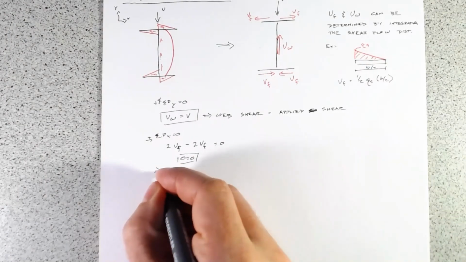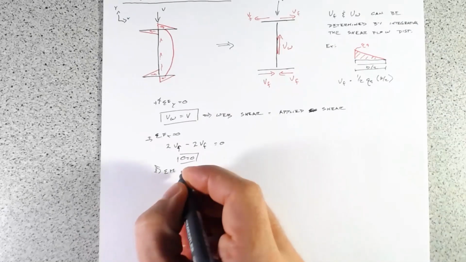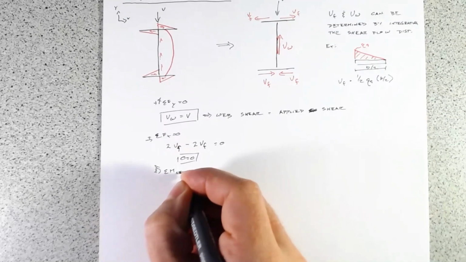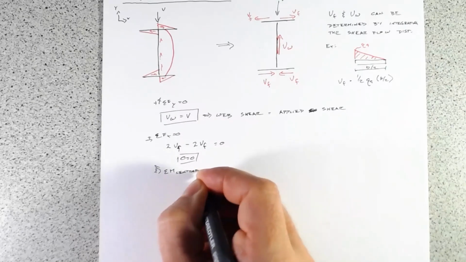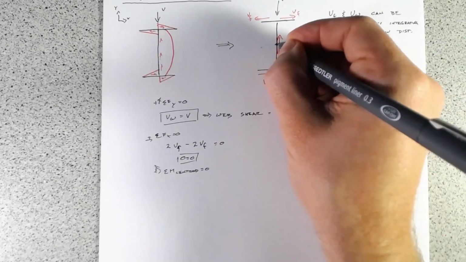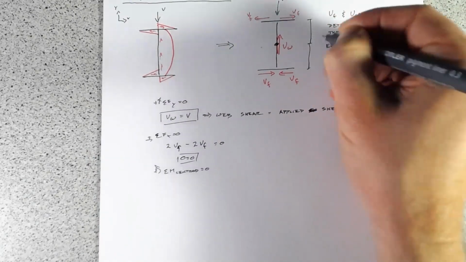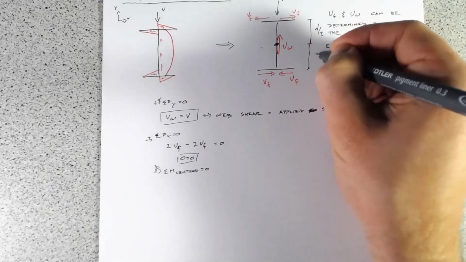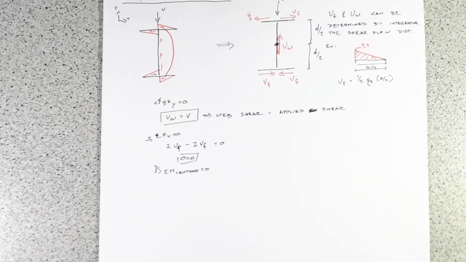So let's sum the moments at the centroid, and that equals 0. Again, at our centroid, we're going to have some distance d over 2, d over 2.